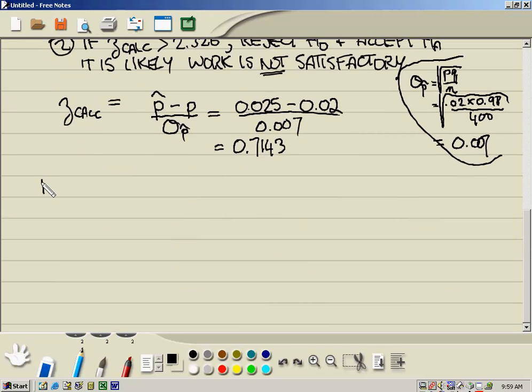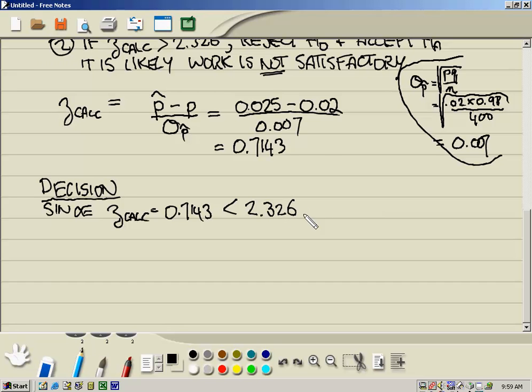Alright, and so our decision will be, since z calc, the calculated z value based on the sample data, is 0.7143, it means that the 2.5% is 0.7143 standard deviations above the 2%, which is clearly much less than the critical value of 2.326.